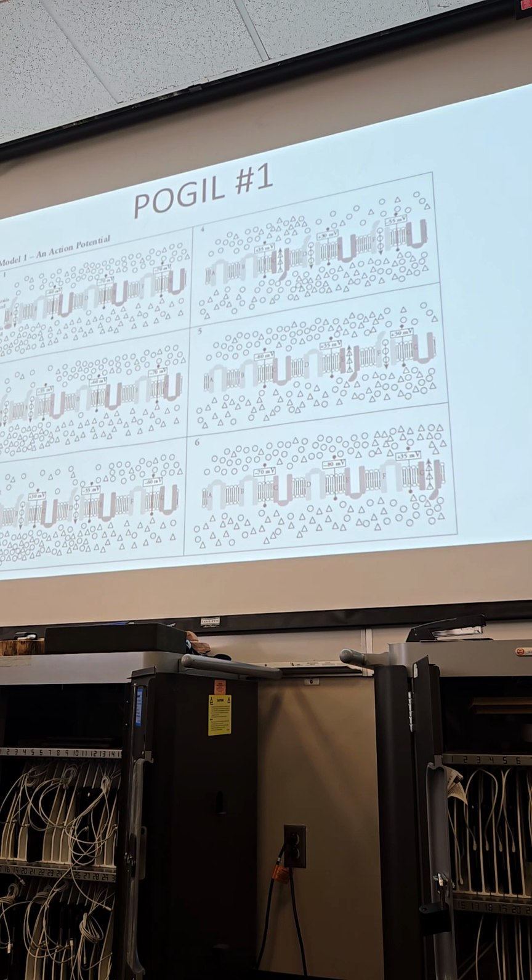Ricky, can you put back that action potential picture?